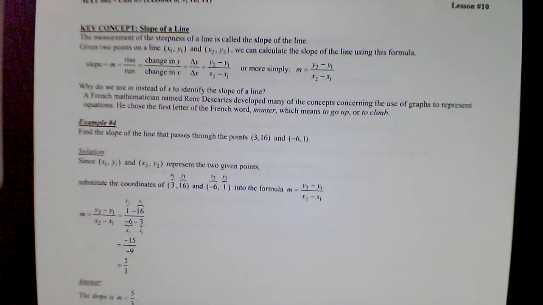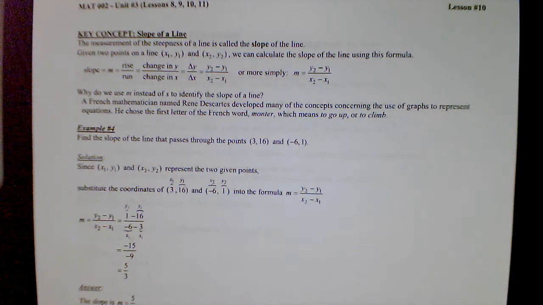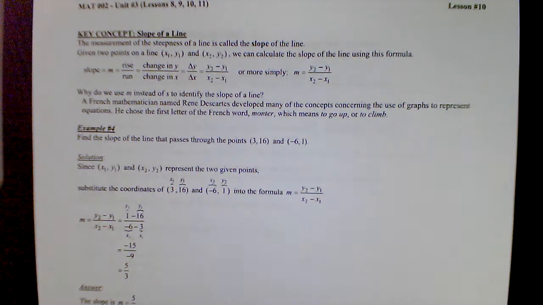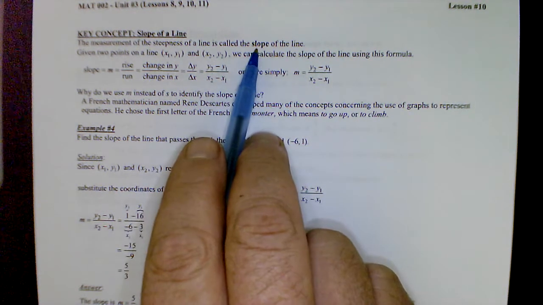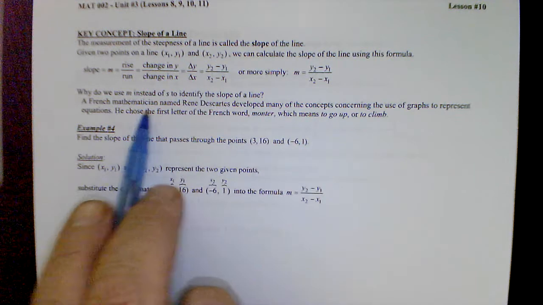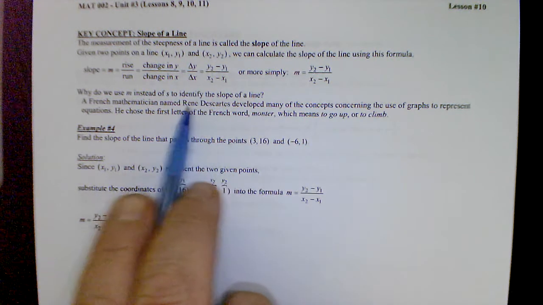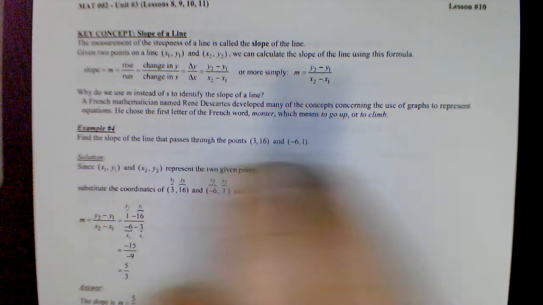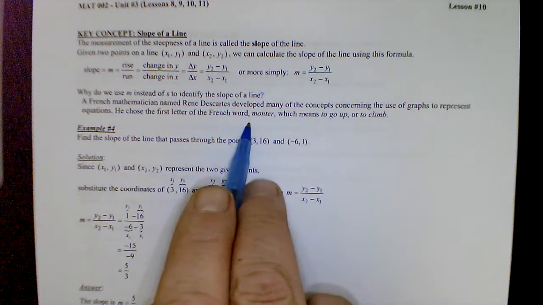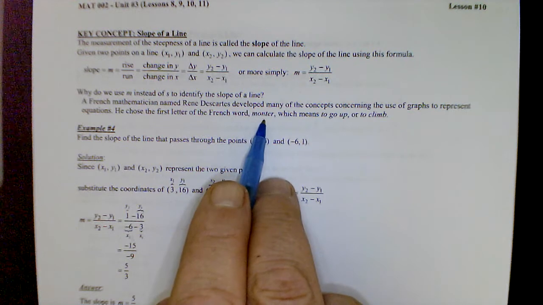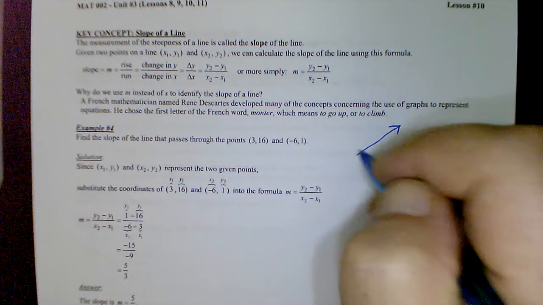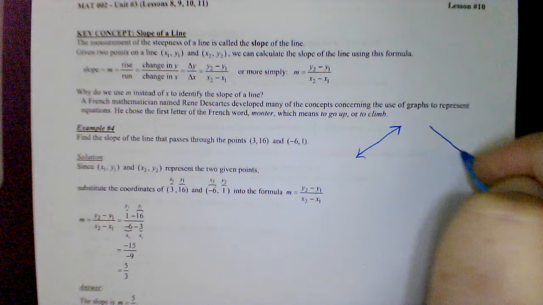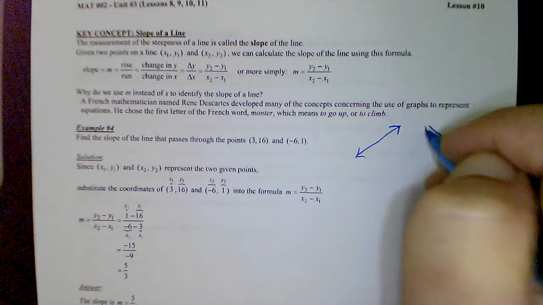The next thing is the slope of a line. So we use M for slope, coming from the French Monter, Rene Descartes again, remember? Monter means to go up or decline, and we could either have a positive slope if the line rises.